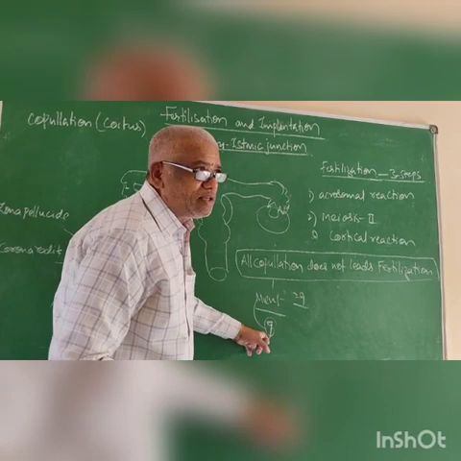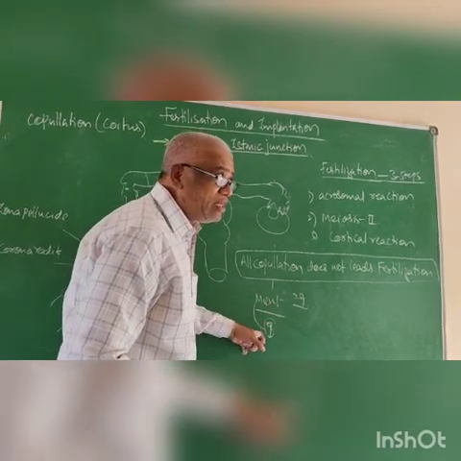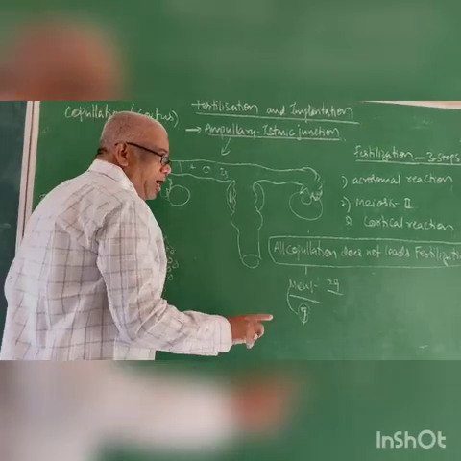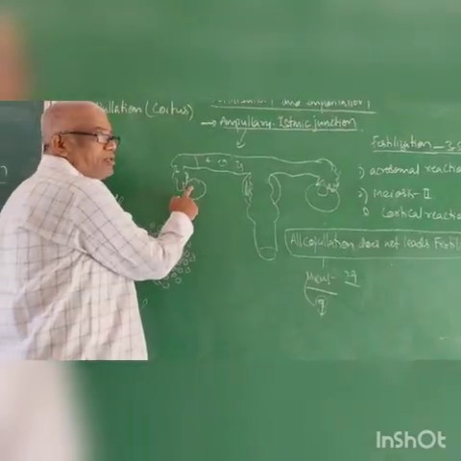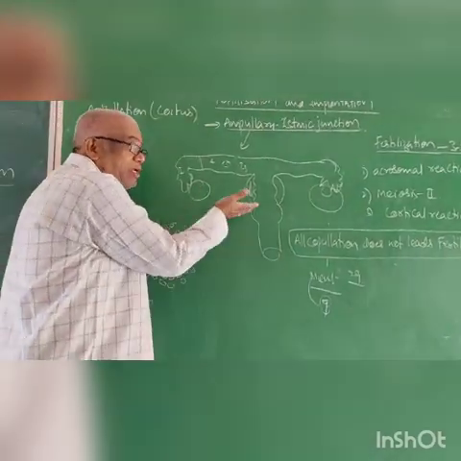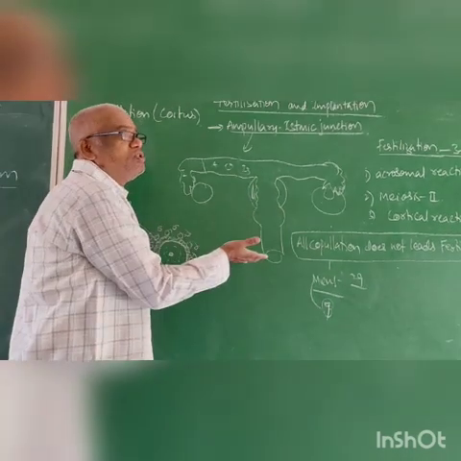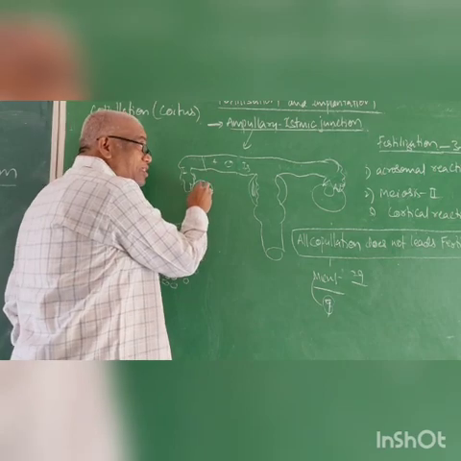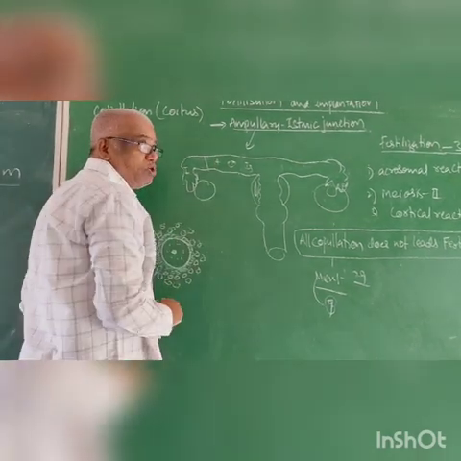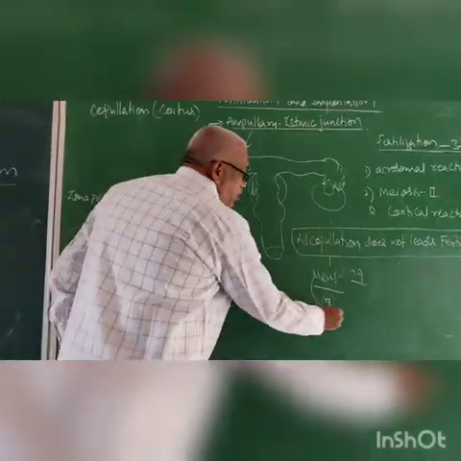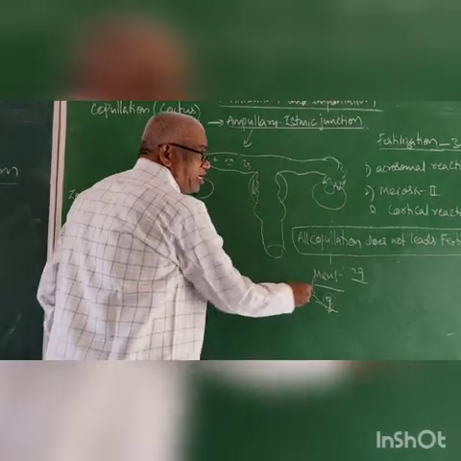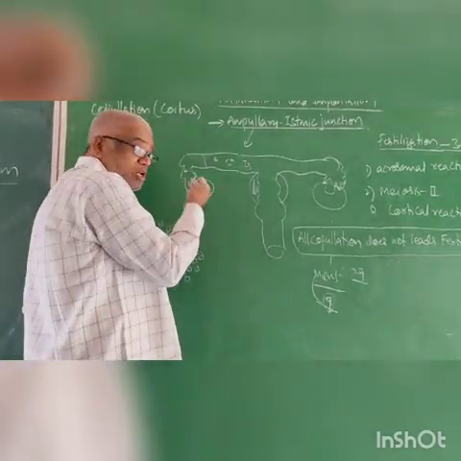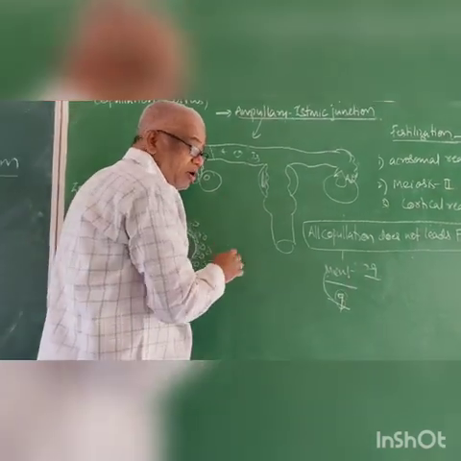On this day, the egg is present in the ovary in a developing stage, as a primary or secondary oocyte. It is not present in the fallopian tube. So on the 9th day of the menstrual cycle, the egg is in the ovary, still developing, not yet developed.